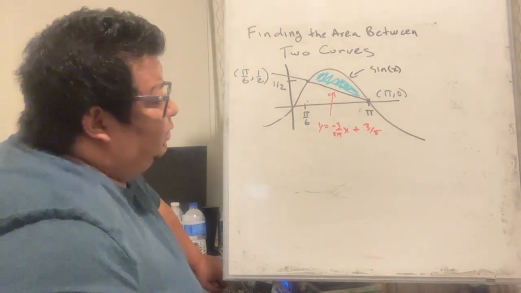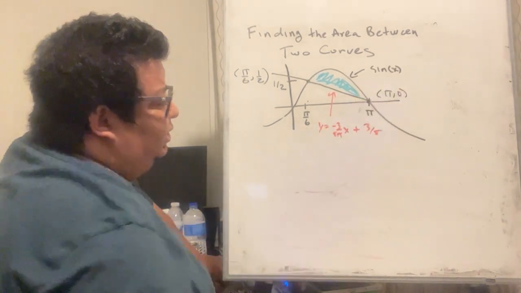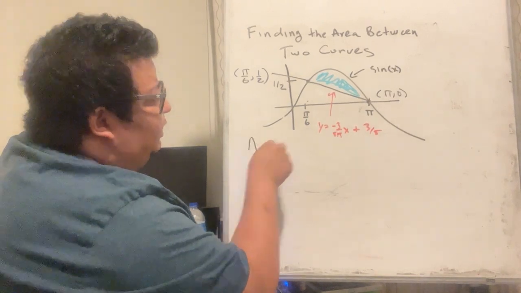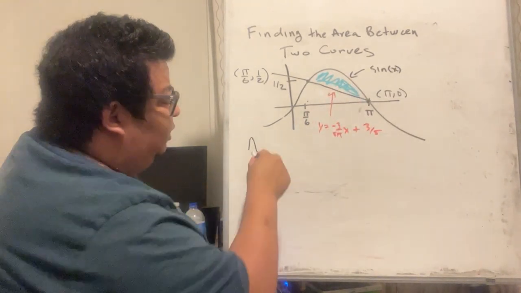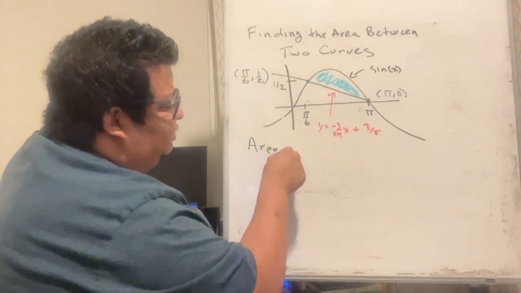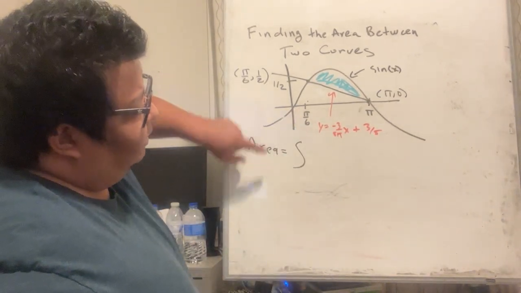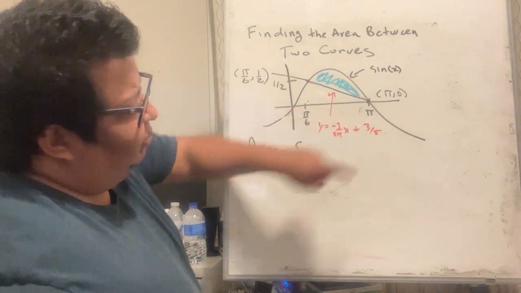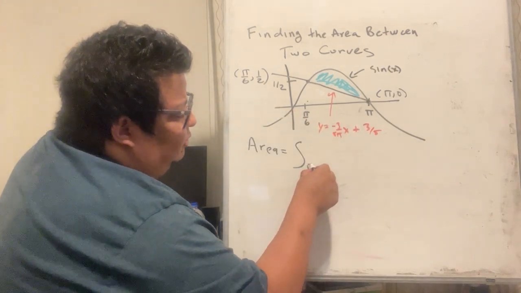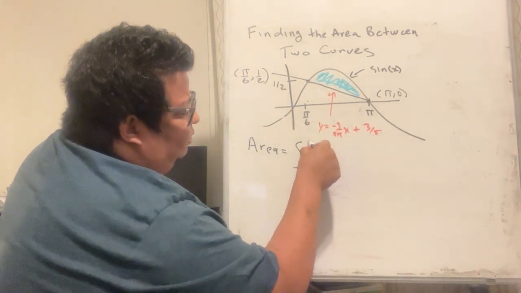Now that we have a line and sine, we can compute the area. This area in blue, we can compute as the integral where x goes from pi over 6 to pi, so we put pi over 6 on the bottom and pi on top.